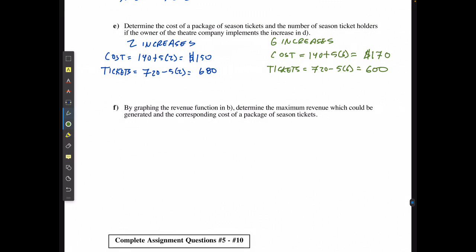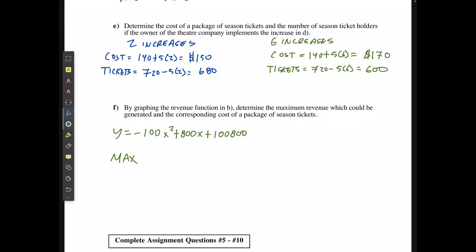If I'm going to graph the revenue function to determine the maximum revenue which could be generated and the corresponding cost of a package of tickets, then I'm going to graph on my calculator y is equal to negative 100x squared plus 800x plus 100,800, and I'm going to solve for the maximum on my calculator.